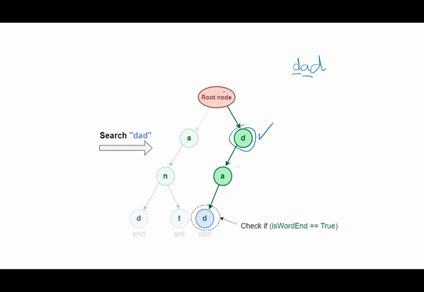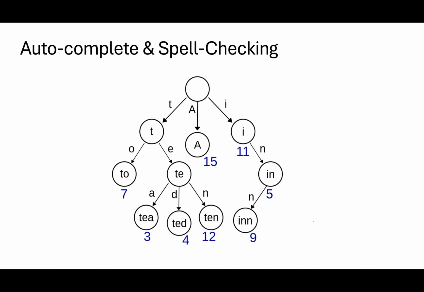Then you look for A, you have it. Then you look for D, you have it. Not only that, you have to check if is word is equal to true. If that is the case, then you can say, yes, my trie already has this word. So you can search for it.